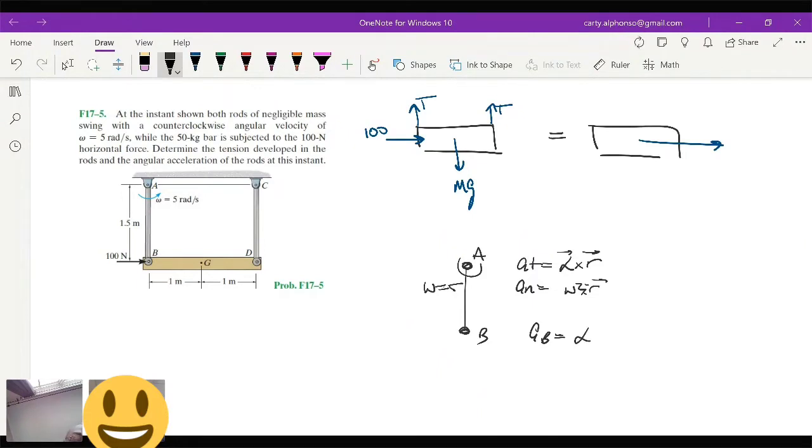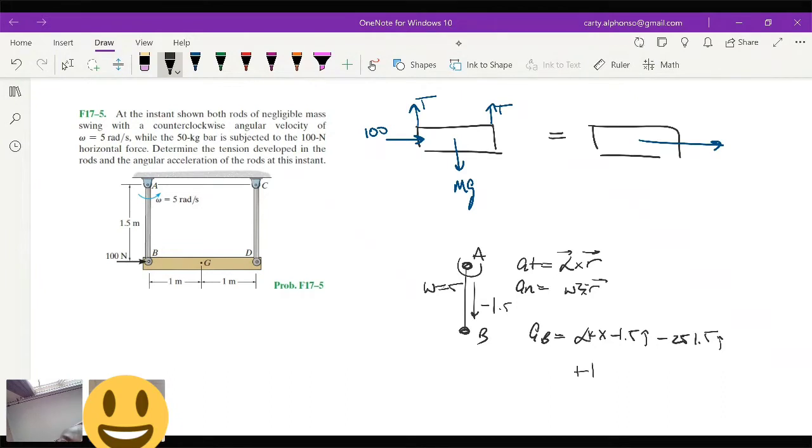The arm is going to be negative 1.5 in the j direction, and alpha is in the k direction. Then minus omega squared, which is 25, times r, which becomes a positive 1.5 in the j direction. K cross j is negative i.